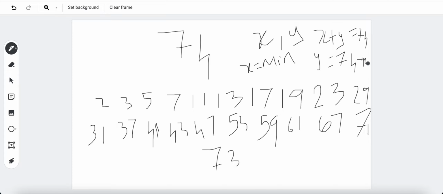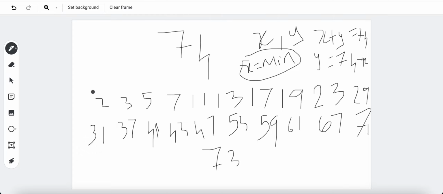So that's what we actually need to check. Just find the very minimum value x, then the target minus x will be the other number. So that's all we need to do.